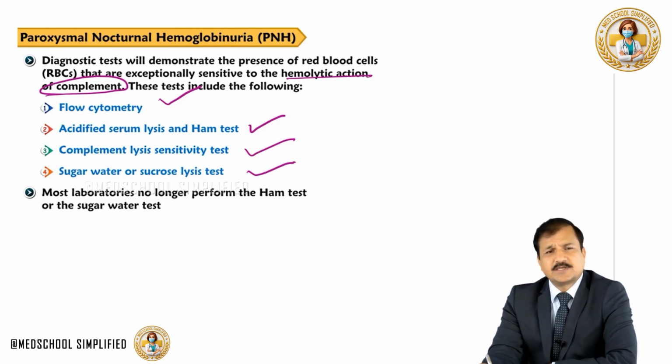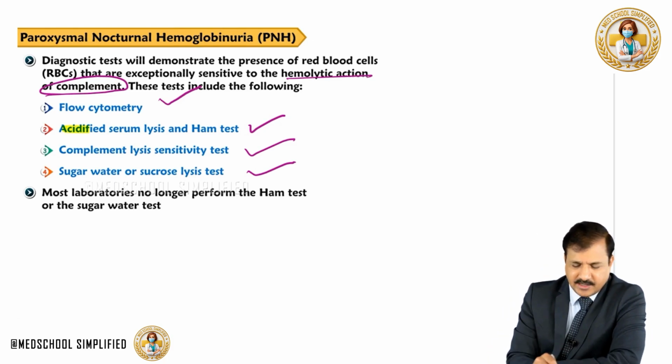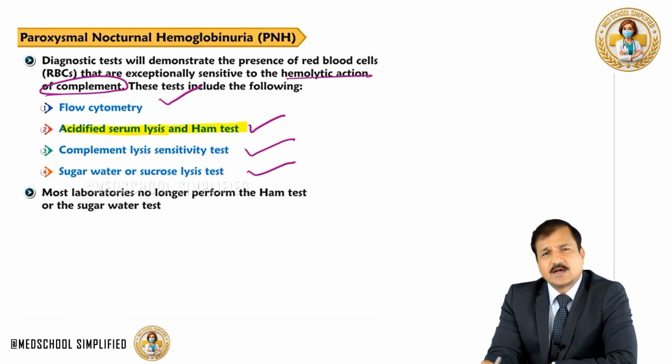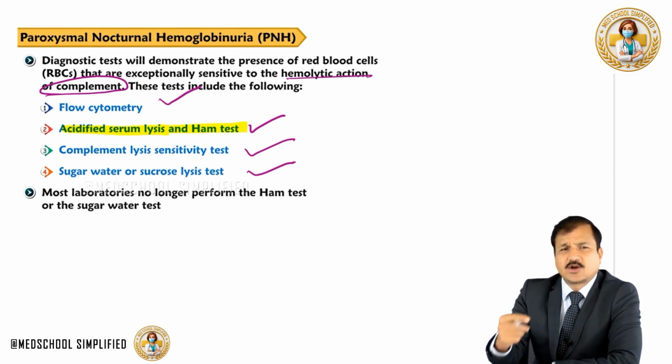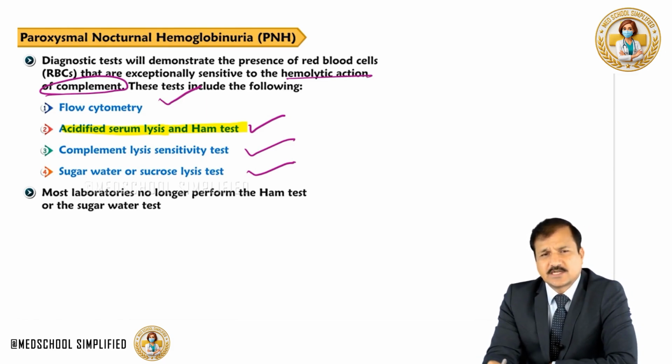So basically, in the acidified serum lysis and Ham's test, a blood sample is taken in a test tube and the pH of the blood sample is slightly dropped, made towards the acidic side, and we see what happens to the red blood cells. The number of red blood cells being lysed is measured, and that is the acidified serum lysis test or Ham's test.